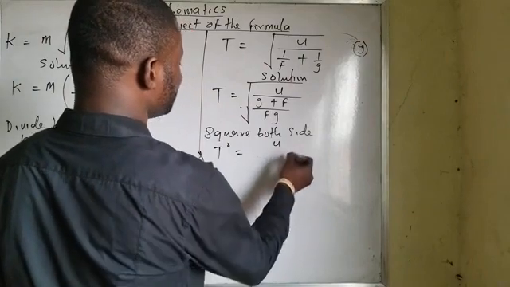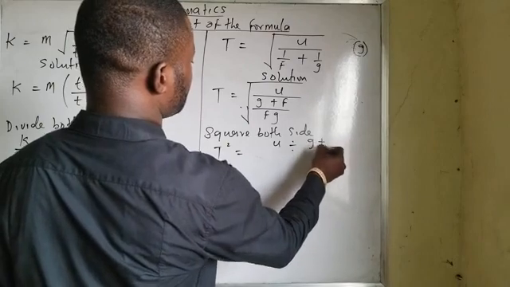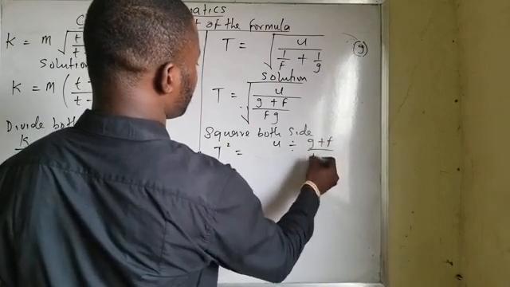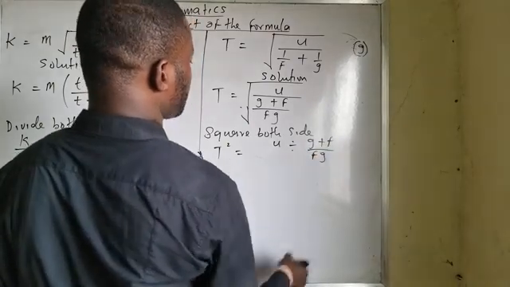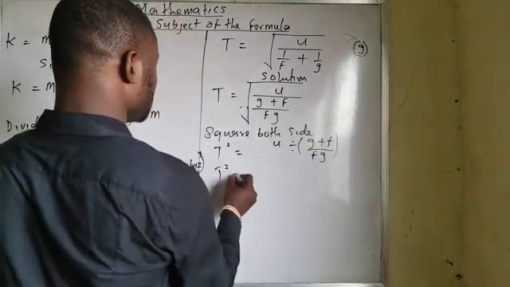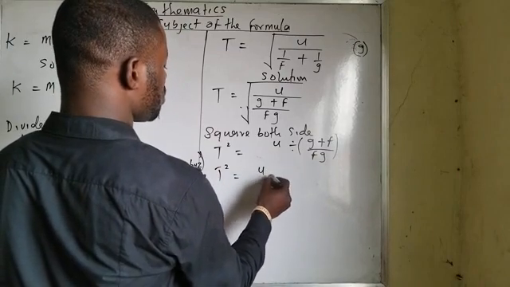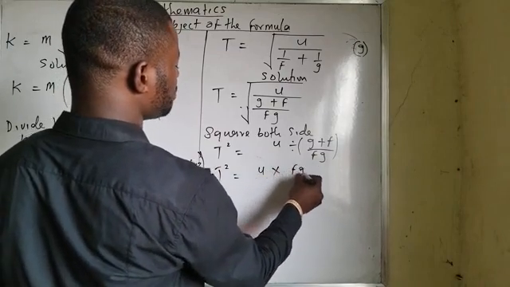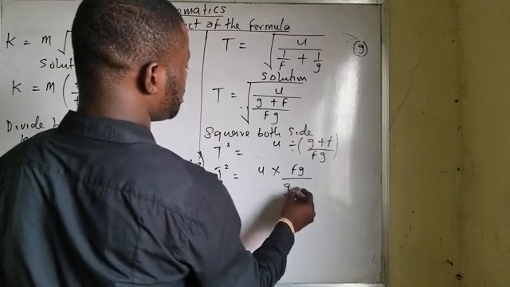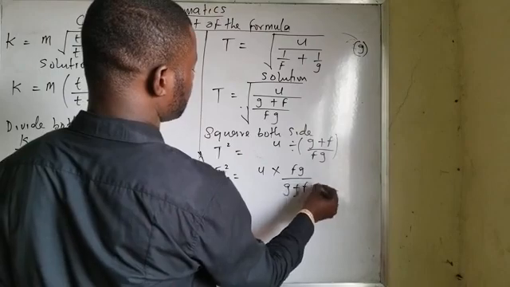U divided by (G plus F divided by FG). Please take note of that very well. I can answer that T squared will be equals to U multiplied by FG divided by (G plus F).